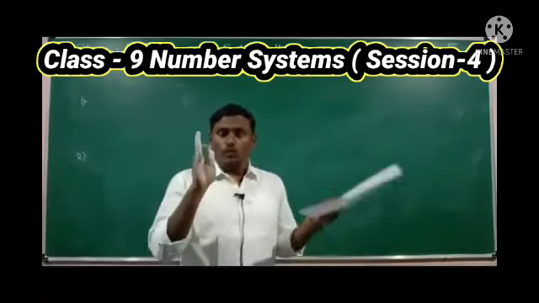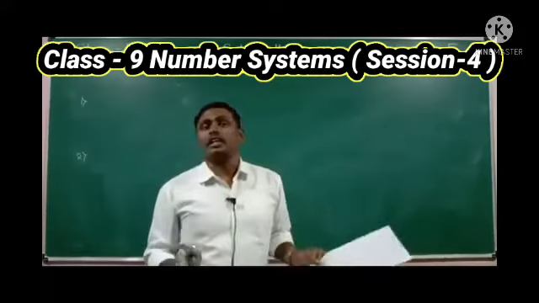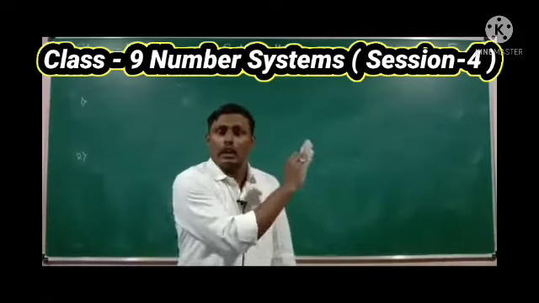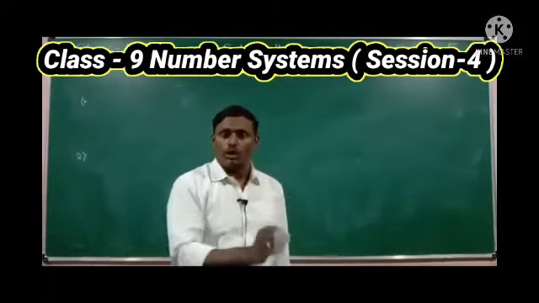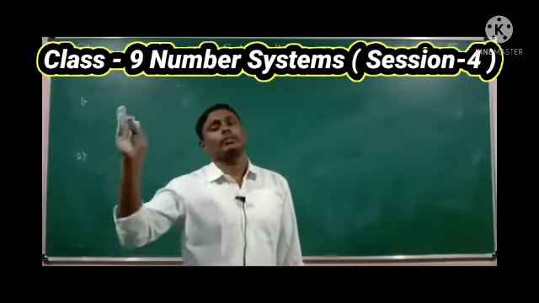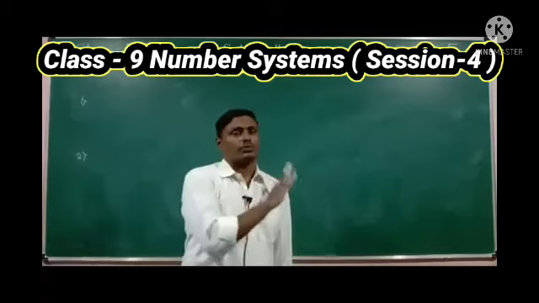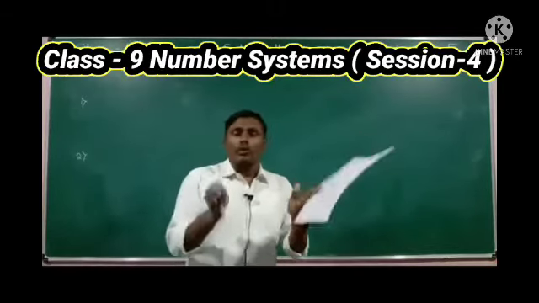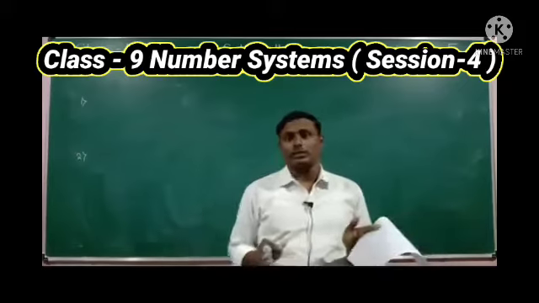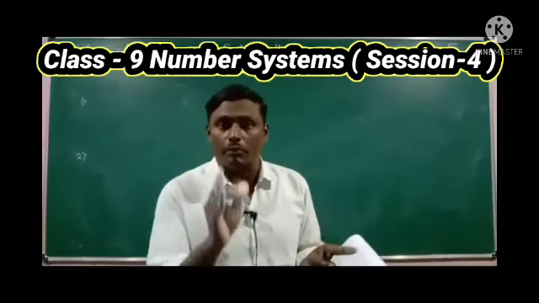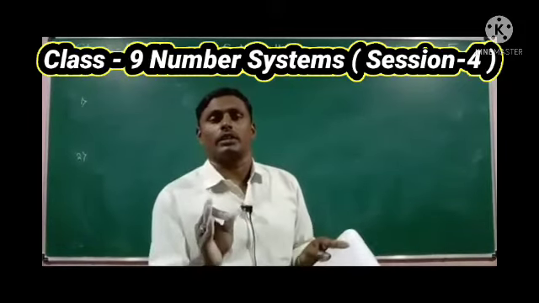One more thing, once you compare the irrational numbers, you can write them in ascending form or in descending form. Ascending form means smaller to larger, descending form means larger to smaller. So before arranging the irrational numbers, first you need to compare the given irrational numbers.